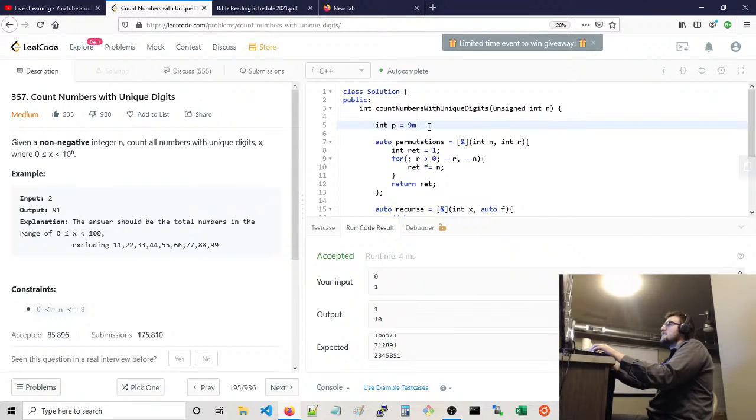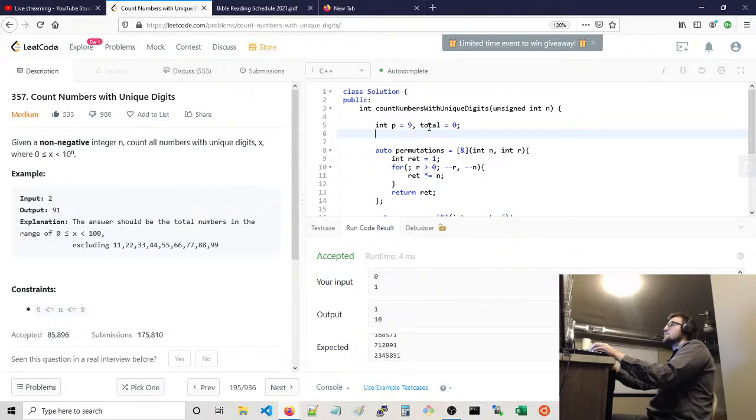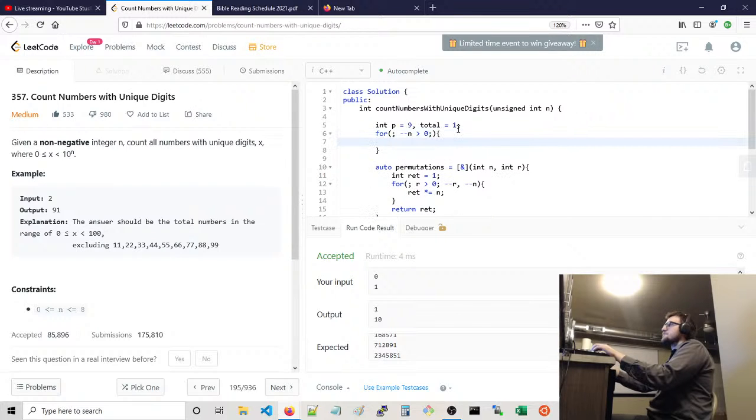So 9 and total is going to be 0. And we start off with int n, so we'll do for n, n greater than 0, n minus minus.